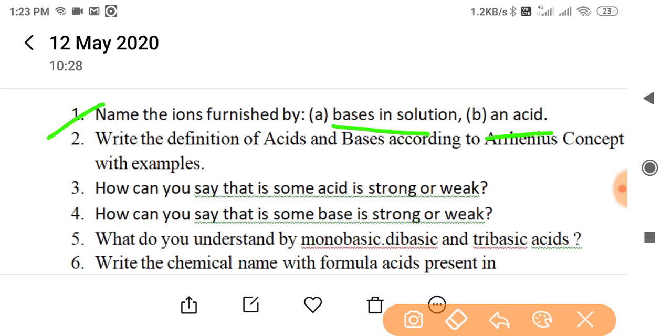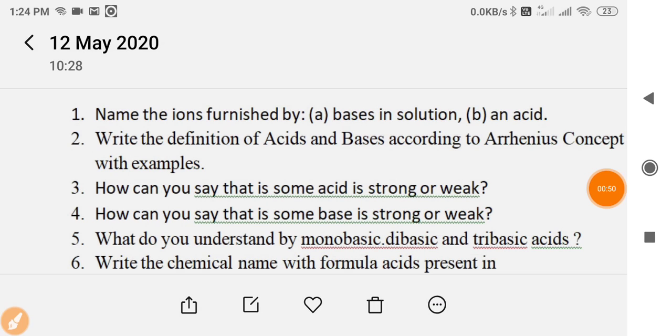This is a very easy question when you start the chapter, and you can find the definitions of acids and bases. So you easily get the answer. We know that litmus paper just provides an idea about whether a substance is an acid or a base, but this is a chemical method by which we put the acid or base in a solution and they give some ions.